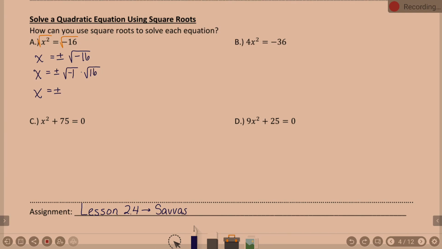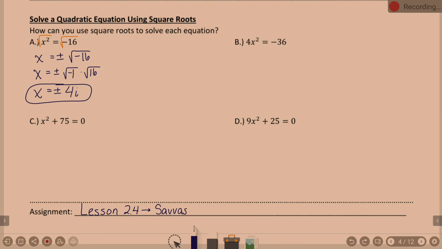So what's the square root of negative 16? 4i. I can do this. Are we having a moment, folks? What's the square root of negative 1? i. Okay, we've got to know that. So, questions here. That one was supposed to go a little smoother. Hopefully the next one will go a little smoother.